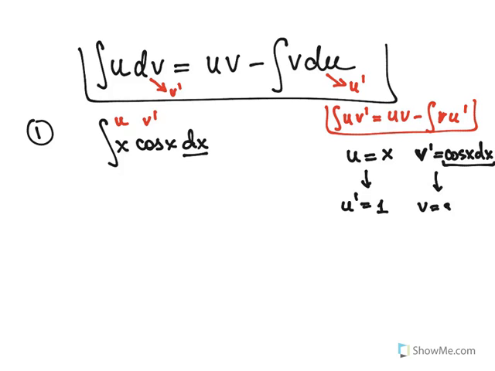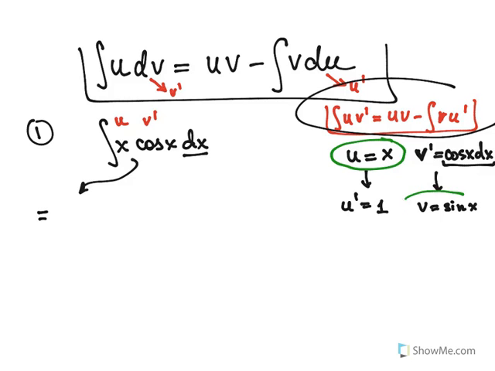So that would be sine of x, right? Okay, now we're going to apply this formula, and we say this equals u times v. So which one is u and which one is v? So that's u and that's v.